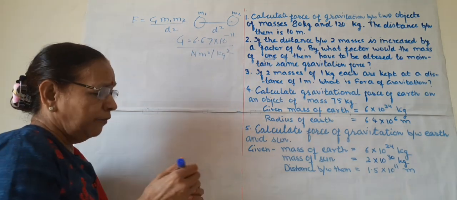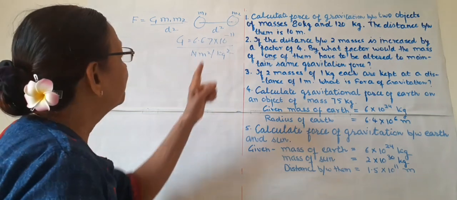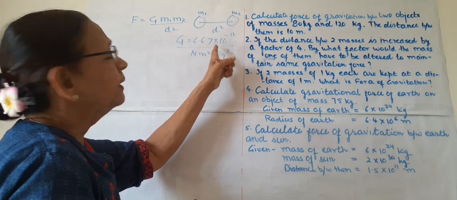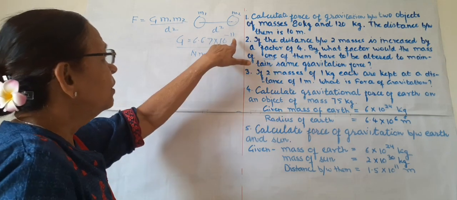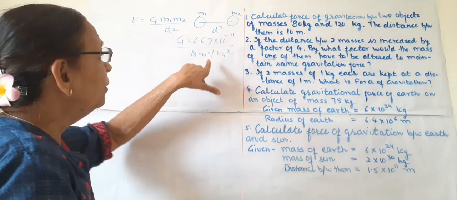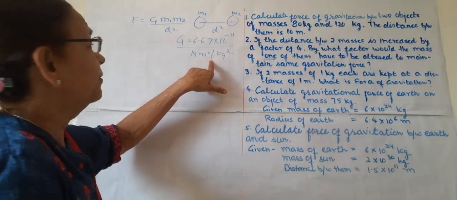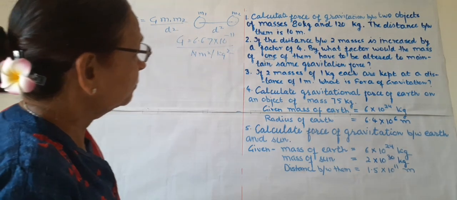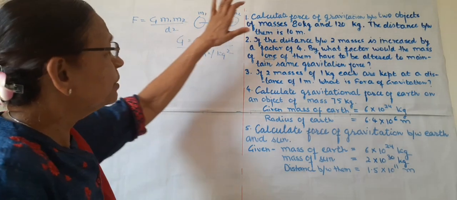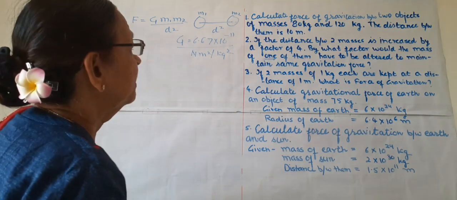This value you have to learn, you have to memorize, and it is not given in the numericals, so you should know this value with its unit. This is how this formula is used for all these numericals.